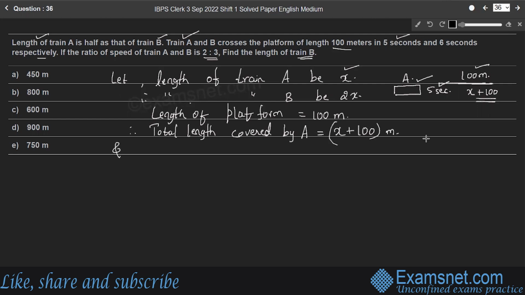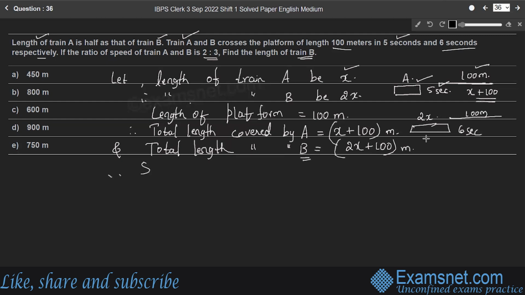And total length covered by train B, if for example, a platform of length 100 meters and train B of length 2x, therefore it covers 2x plus 100 meters of distance in 6 seconds, right? In 6 seconds, it covers 2x plus 100 meters of distance. Therefore, total length covered by train B is 2x plus 100.